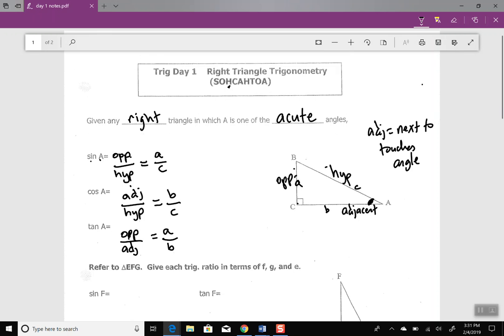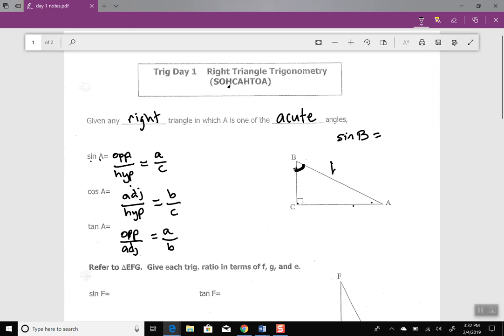Okay. Something to point out is that the opposite side and the adjacent side aren't going to be the same for every angle. For example, if we were calculating the sine of angle B, now I'm focusing on angle B instead of angle A. Again, the hypotenuse is always the same.